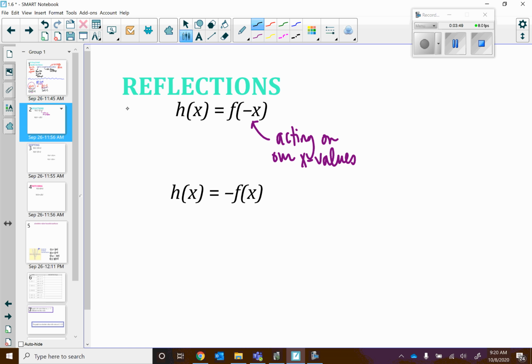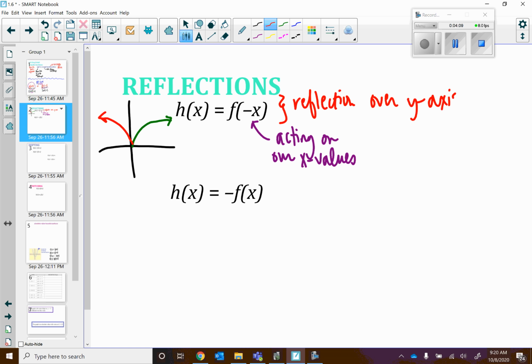And if I consider what that means, I'm switching all my x values that, let's say, are over here to be over here. This is switching our x values, so it is a reflection over the y-axis. It's moving our positive x's to become negative x's, or our negative x's to become positive x's.